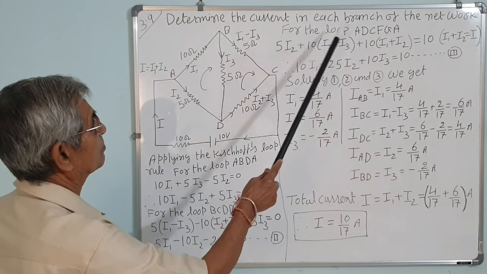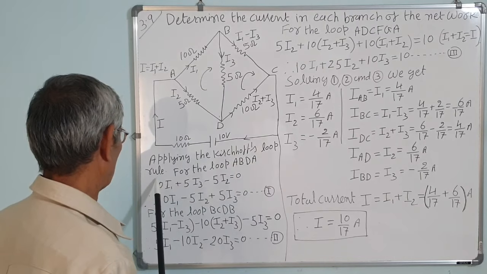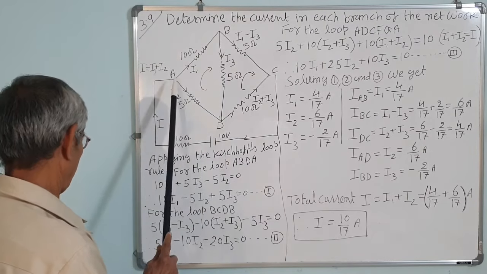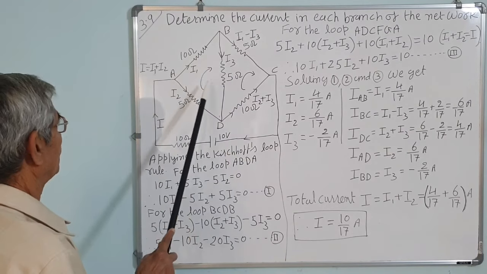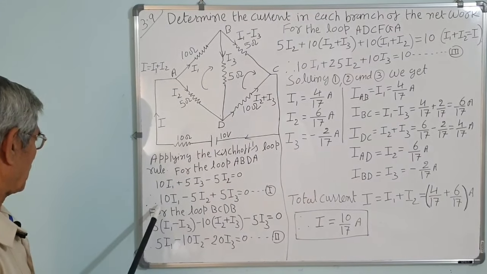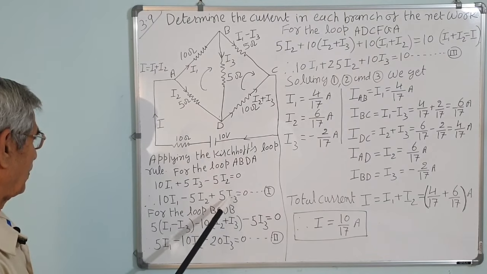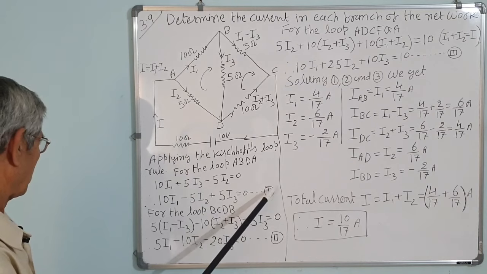Determine the current in each branch of the network. Applying the Kirchhoff loop rule for the loop ABDA, that is 10I1 plus 5I3 minus 5I2 is equal to 0. Therefore, 10I1 minus 5I2 plus 5I3 is equal to 0, arranged serially as I1, I2, I3. This is equation number 1.